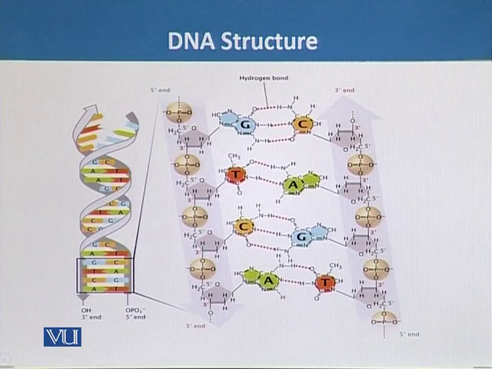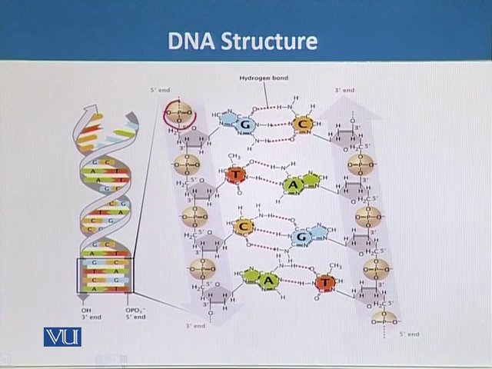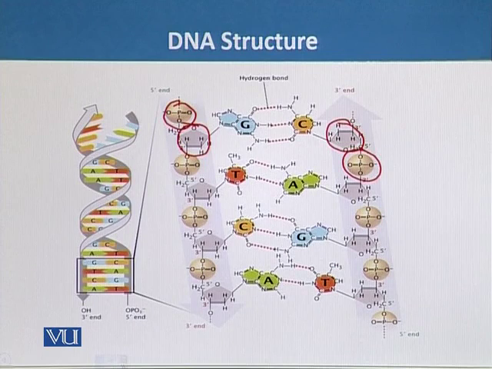Here we can see again the backbone structure consisting of phosphate and the sugar molecule. On the other side of the DNA molecule, again we can see the sugar and the phosphate molecules. The backbone is attached to the nucleotide base, going towards the other side of the double helix.